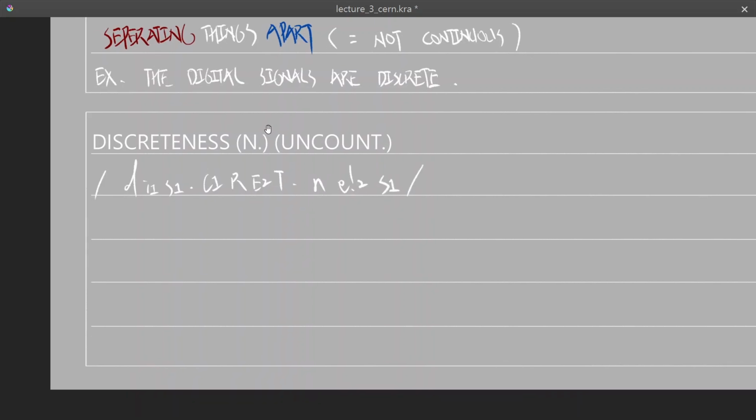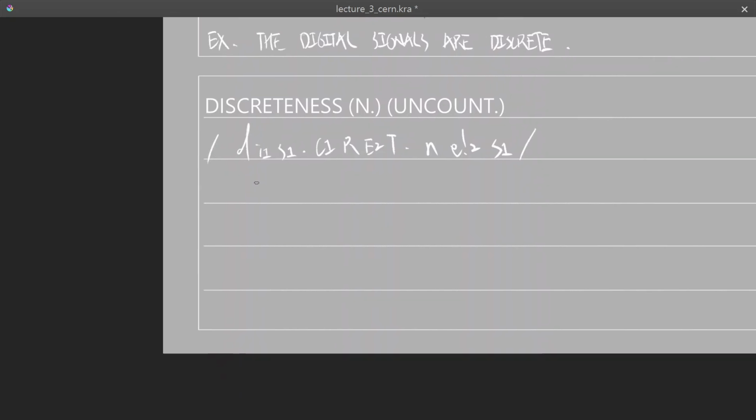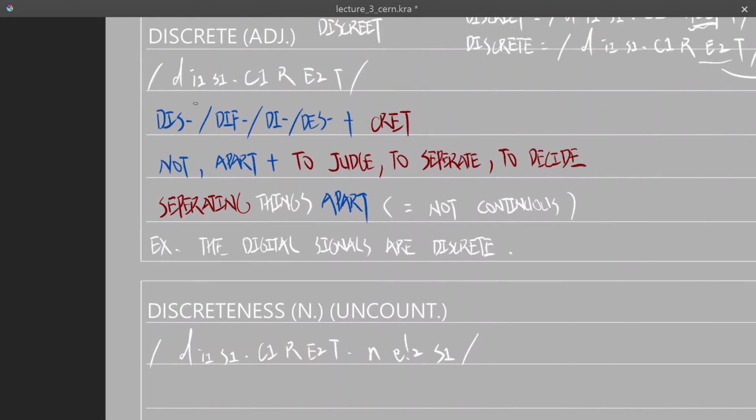The first sound of s is for discreteness. Then we have the prefix and the root word.